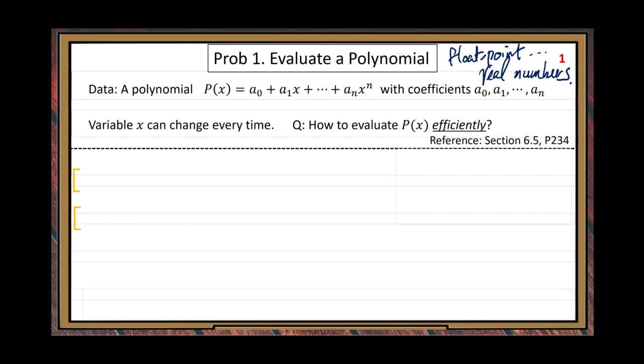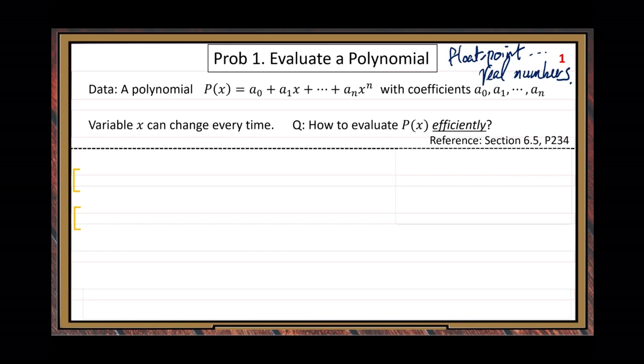So we can understand the details for solving this problem easily. But second, it's an interesting problem. So we can see the big difference when we compare different algorithms solving this problem. Then, variable x can change every time.